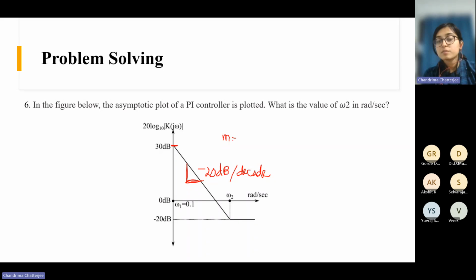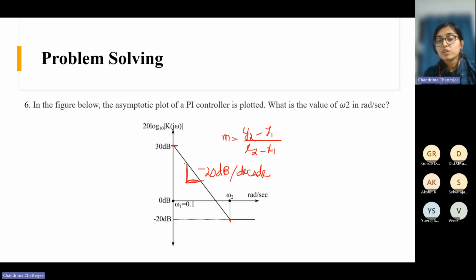Just the generalized method, that is y2 minus y1 by x2 minus x1, right? So now you see what is y2? y2 is at this point. This is the end point.